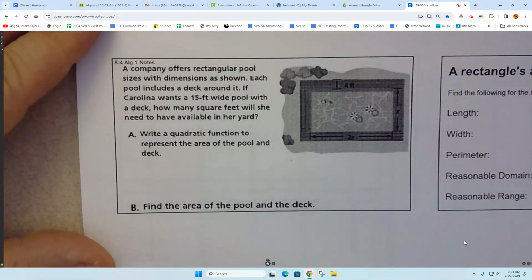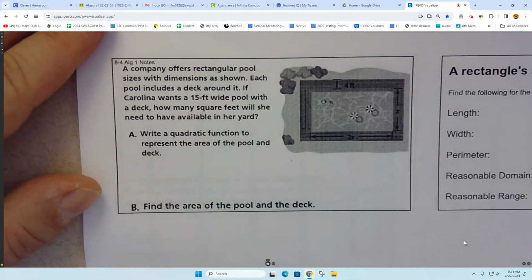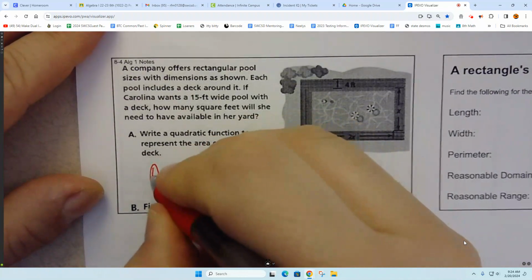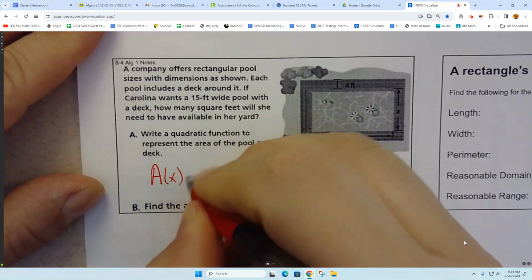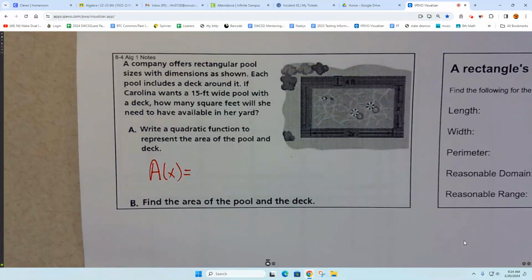So we want to know how much space does she need in her yard? What does that mean we're looking for? Yes, the area of, I like that. So I'm going to go ahead and put area. Do we want to know how big the pool is? Do we want to know how big just the deck is? Or we want to know how much both of them together is?